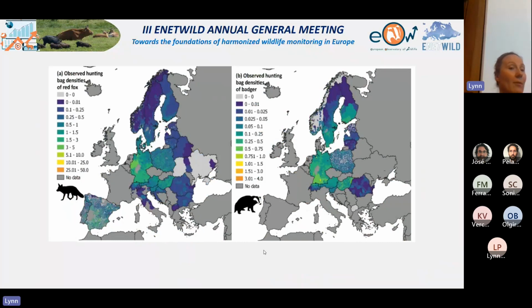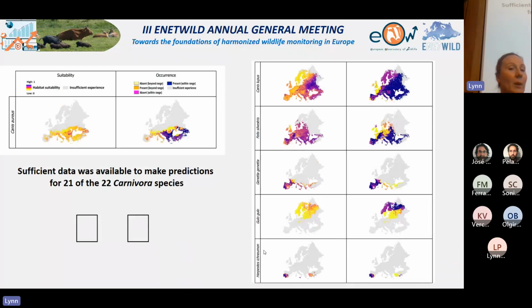As you can see here, we have observed hunting bags for different species. But then those squares were lynx and the wolf.